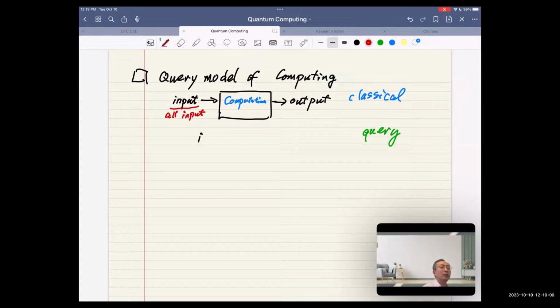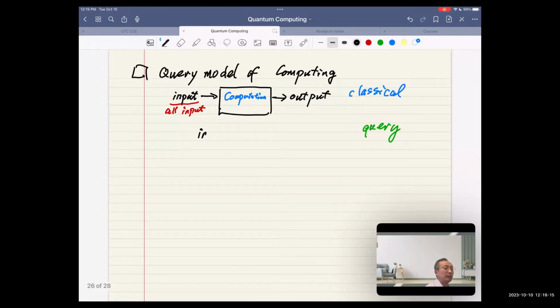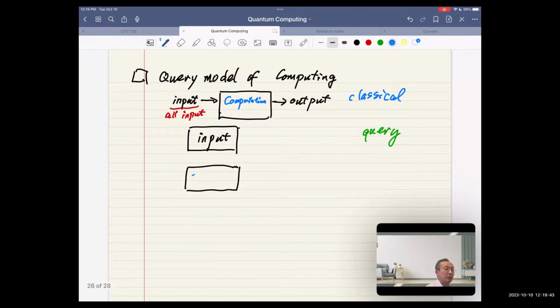In the query one, we actually just don't put all the information there. In fact, the input itself is considered as a so-called function. And then we do the computation, and we get the output.